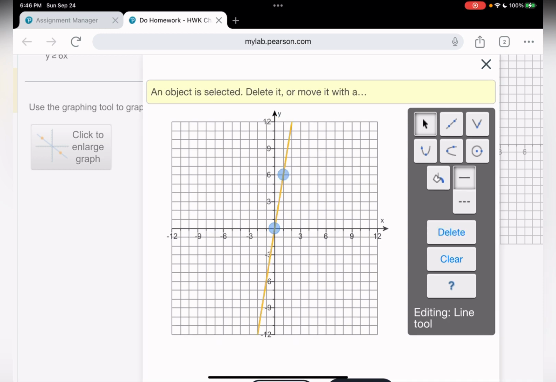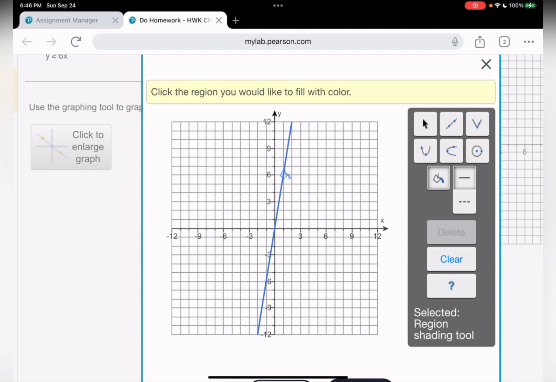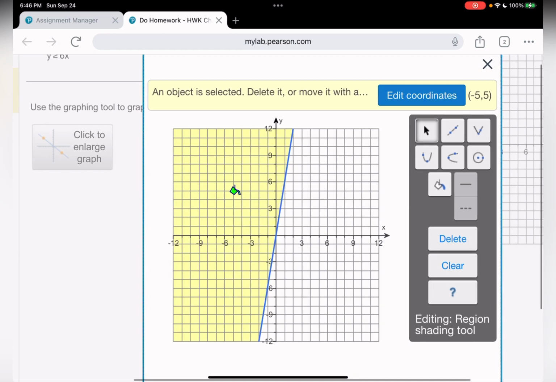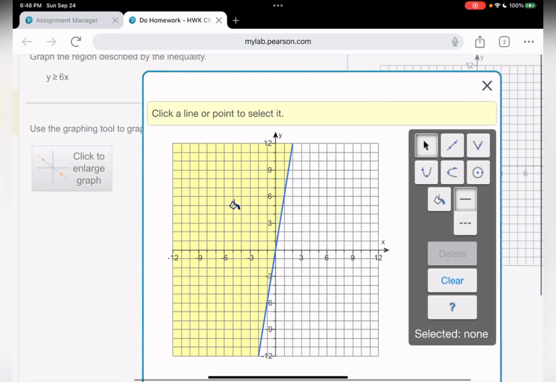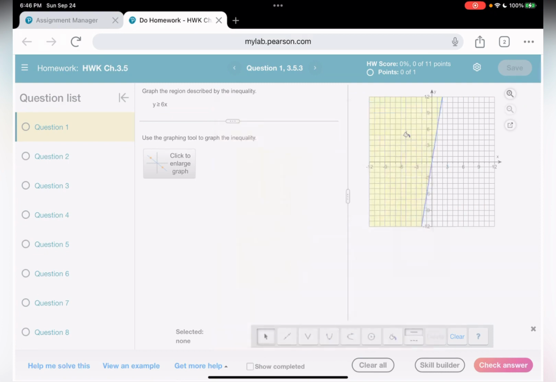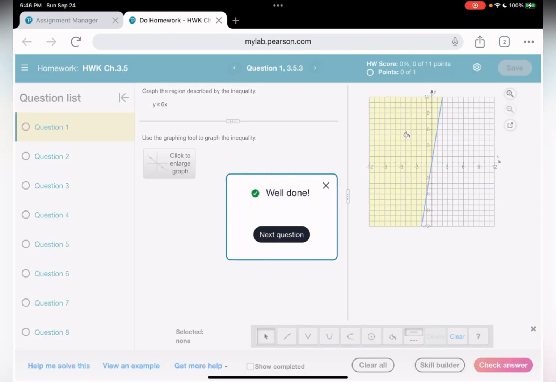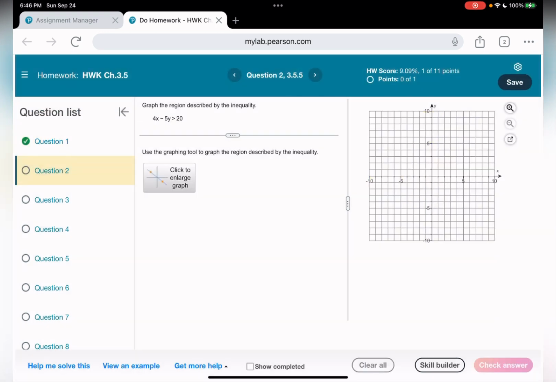Here it is. Now, we discovered that the left side is true. I'm going to take the color bucket and paint it. All right, so this is my solution. Save it. Checking. Bingo. Next question.